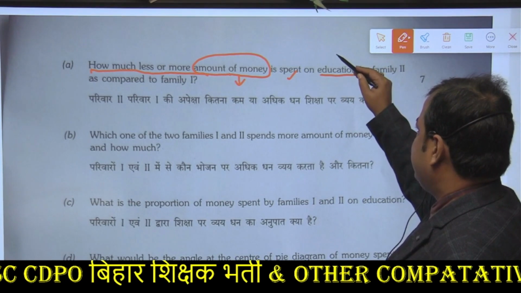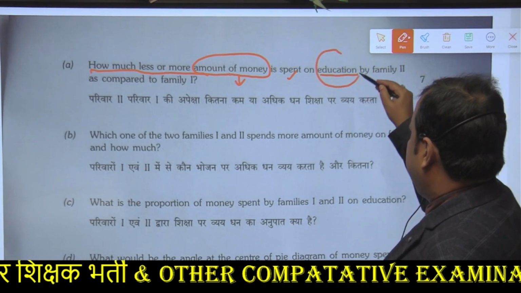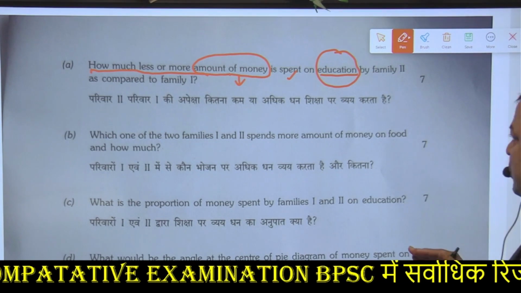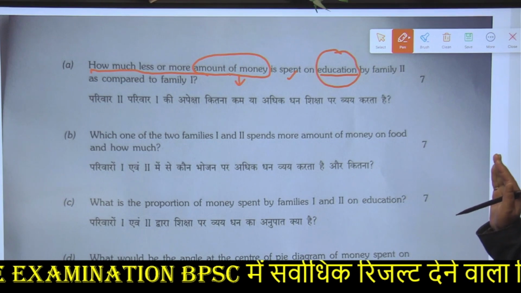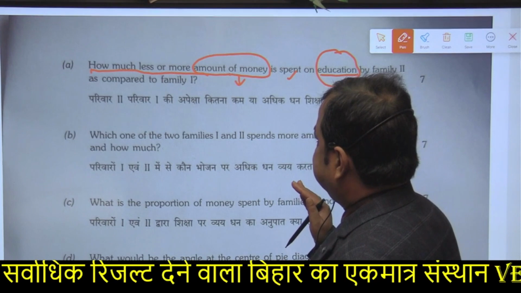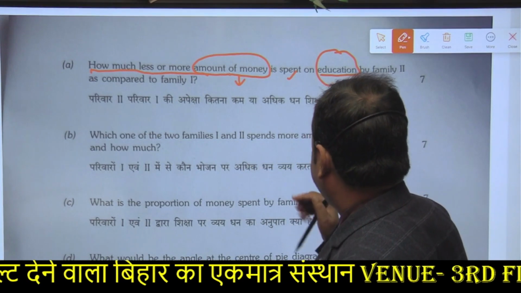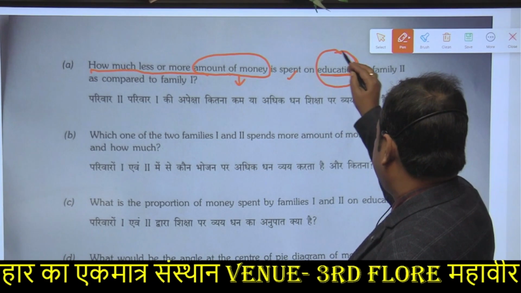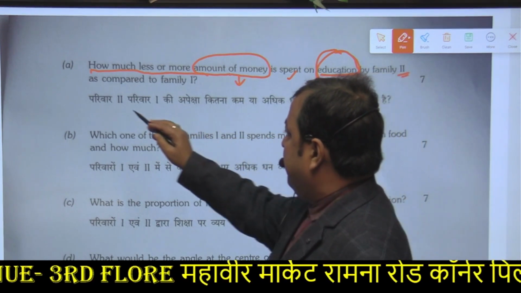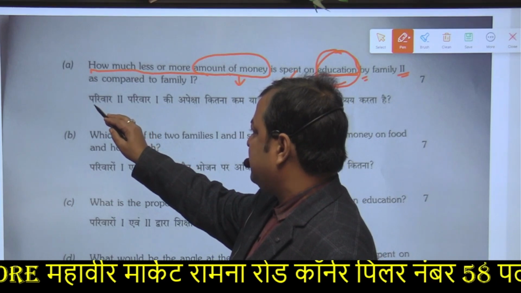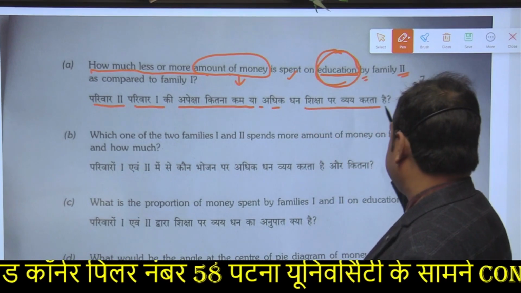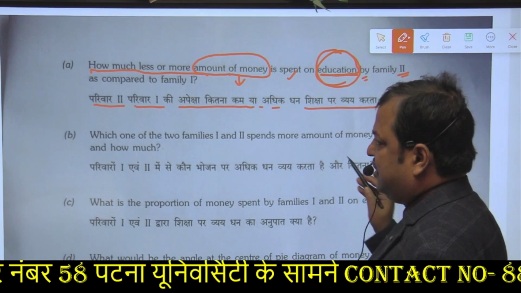Keep in mind, education is one sector in this pie chart. So family 2 and family 1 both consider educational sector. हिंदी में इसका अनुवाद हुआ: परिवार 2 परिवार 1 की अपेक्षा कितना कम और अधिक शिक्षा पर व्यय करता है, एजुकेशन हो गया.